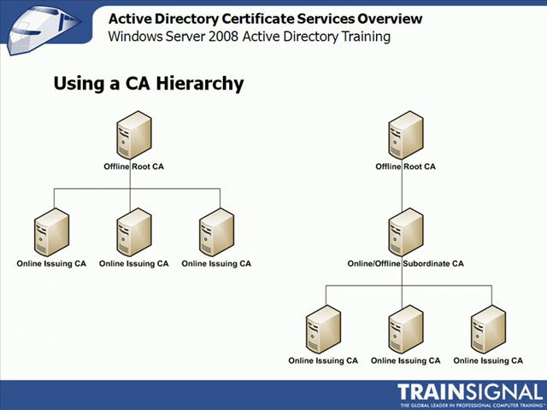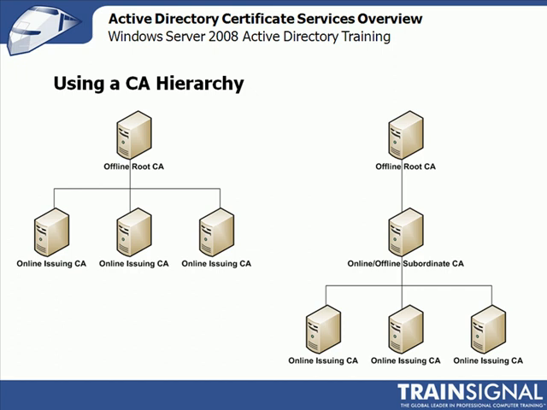Now, what do we mean by issuing? Because issuing is not an official term that you'll see when you go through and install your CA. Issuing means that this is a CA that has been put in place for the purpose of handing out certificates to the rest of your users and computers and network devices and everything else out on your network. And you'll notice that the root CA in this case is listed as being offline.